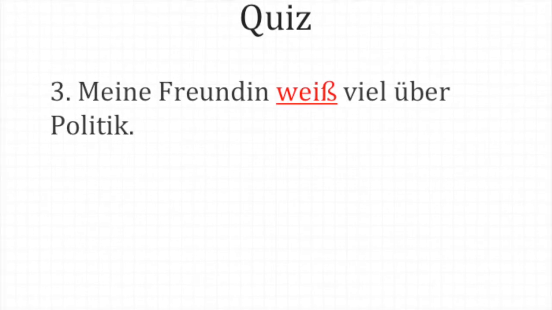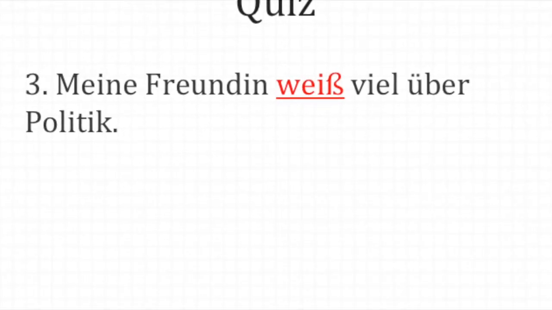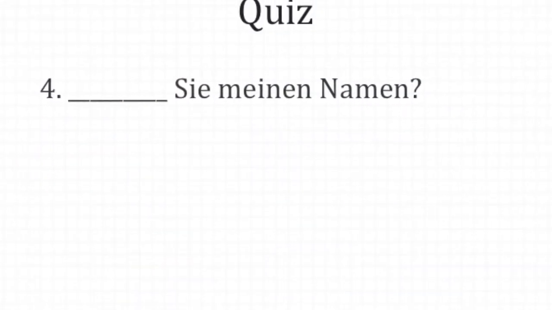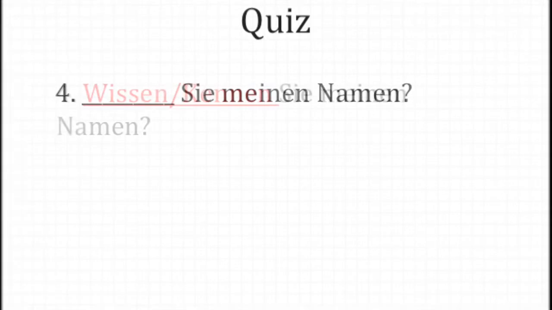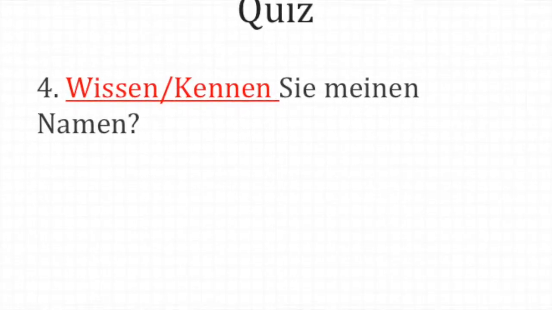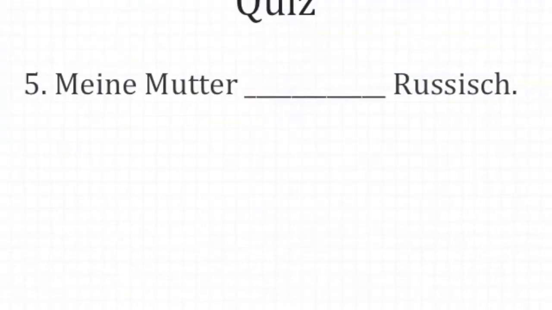Here, hopefully you knew to use a form of Wissen as the verb is accompanied by a prepositional phrase. In this sentence, both Wissen and Kennen are allowed, since a name is a token of knowledge.